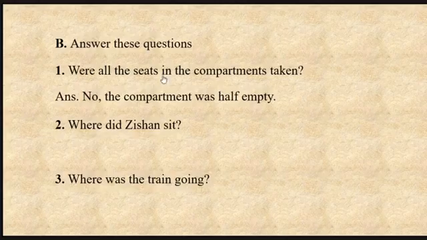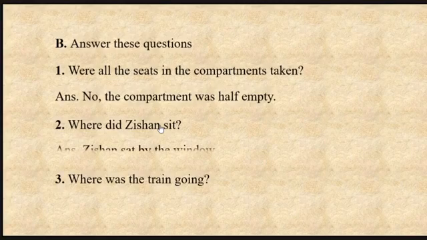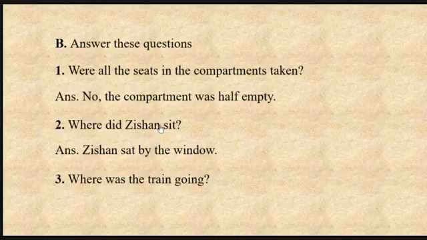And now we will move on to question number 2, where did Zishan sit? I hope you are writing down the answer, or you are matching with your understanding. So this is very easy. Where did Jishan sit? You now can easily understand Jishan sat by the window.